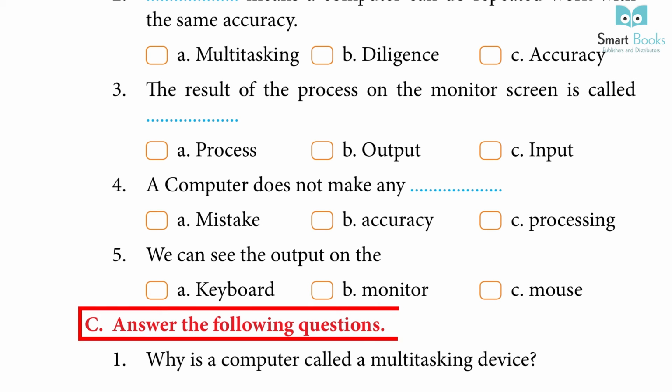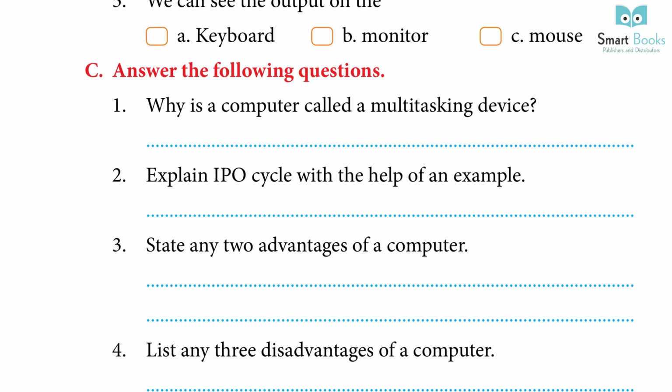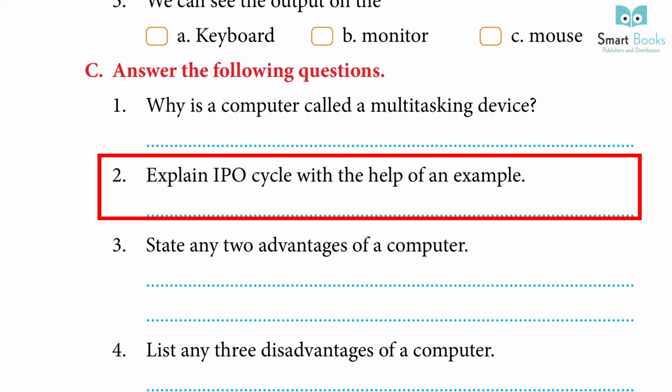C. Answer the following questions. 1. Why is a computer called a multitasking device? Answer. The running of multiple programs, set of instructions in one computer at the same time. 2. Explain IPO cycle with the help of an example. Answer. Example. Making of mixed fruit juice.